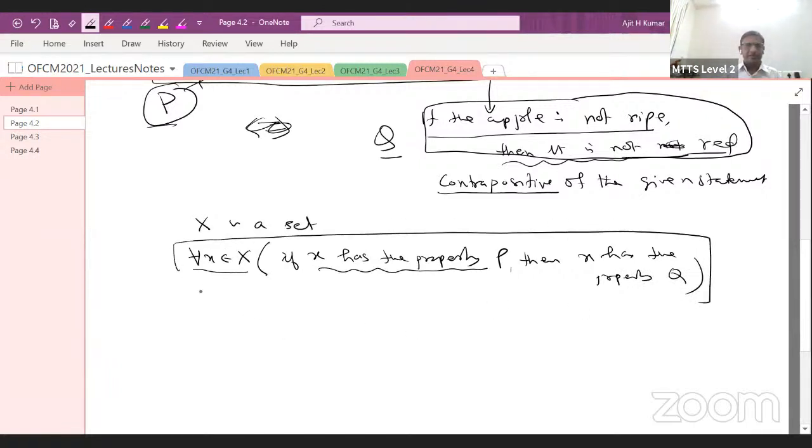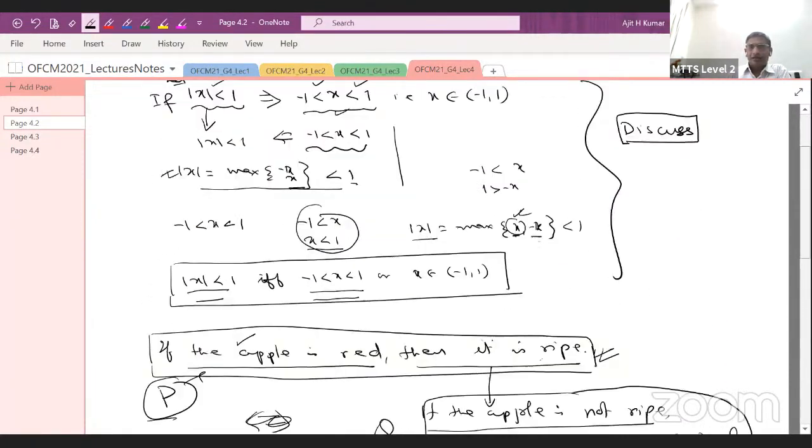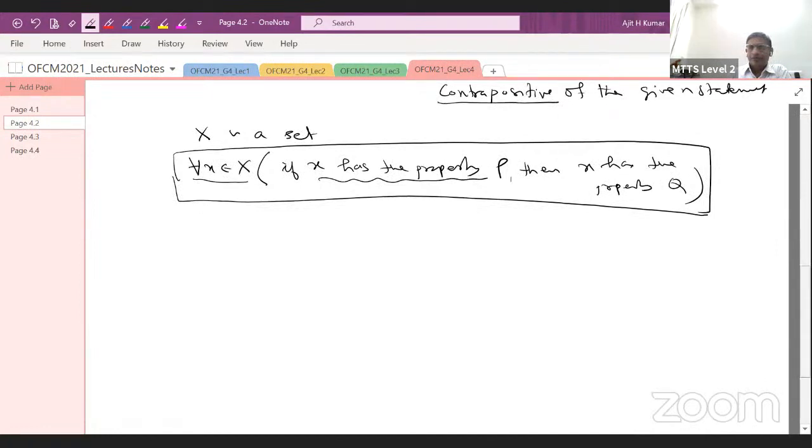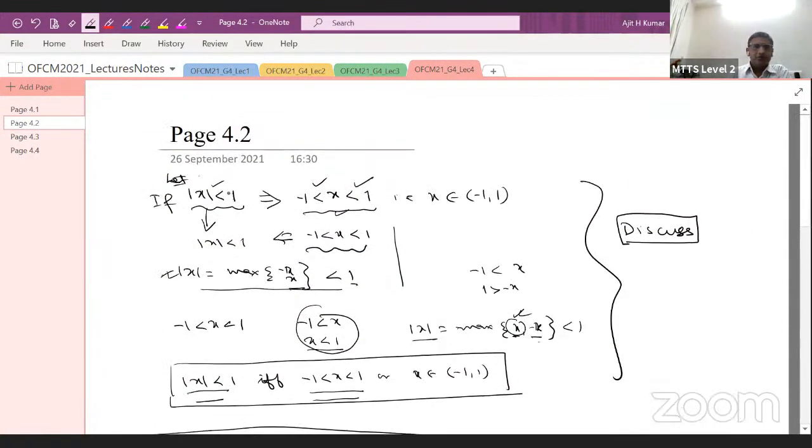This is my statement, given any element x in X. Just now what we saw was about the apple, and even this statement is of the same nature.